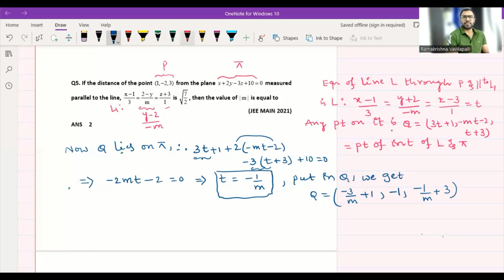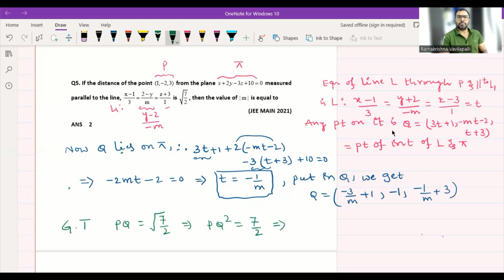So given that the distance between P and Q equals root over 7 by 2, this implies PQ square equal to 7 by 2. So what is PQ square?